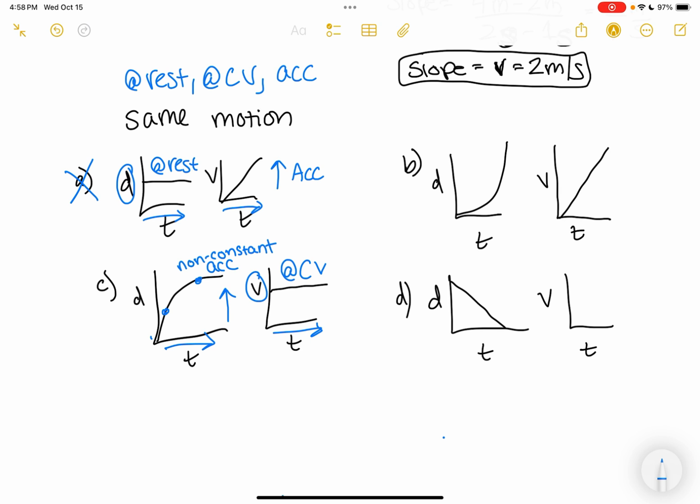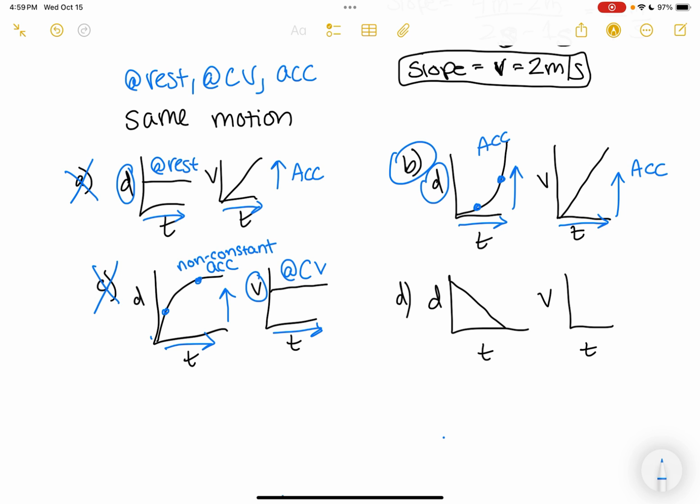So this is constant motion. So that's obviously not good. Then if I take a look at choice D, I see as time is increasing, my distance increases non-constantly. So we said non-constant increase of slope is an acceleration on a D versus T graph. On a V versus T, as time is increasing, my speed increases, which is literally the definition for an acceleration. So choice B is your solution.